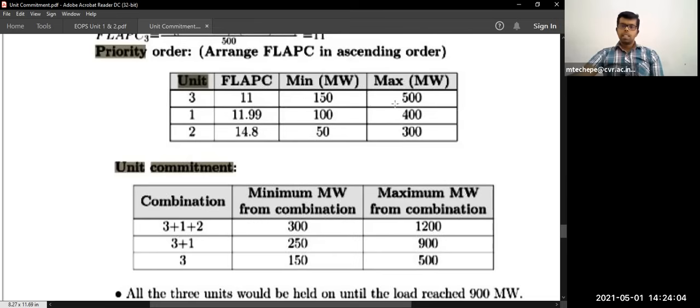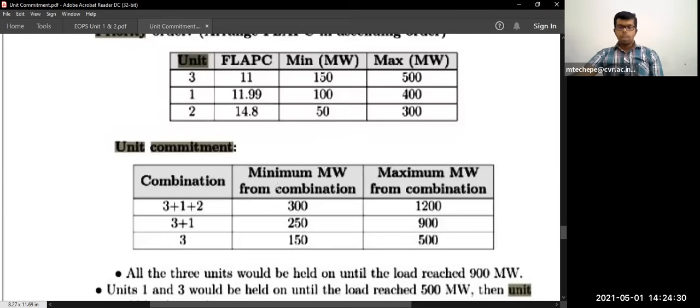Wherever we mention the generation, minimum and maximum, you have to mention the units, that is megawatt or kilowatt, whatever is given in the problem. Majority it will be megawatt, so you have to write the unit in brackets.